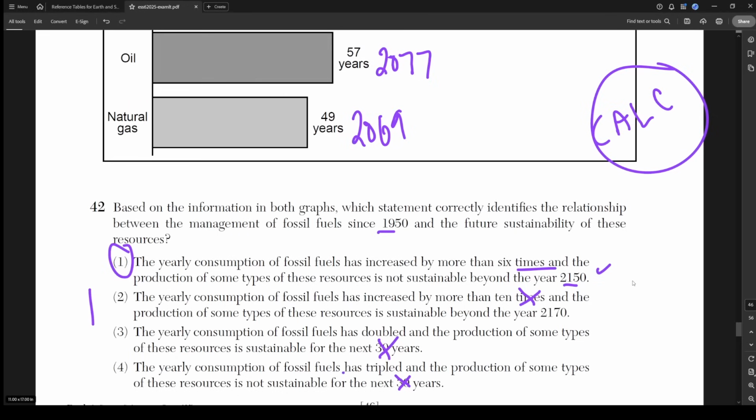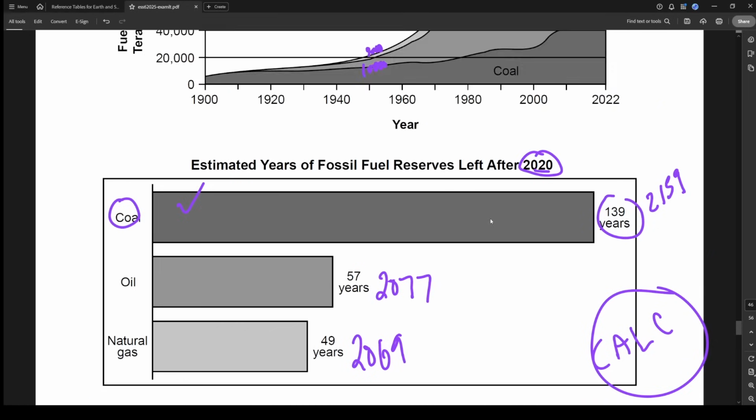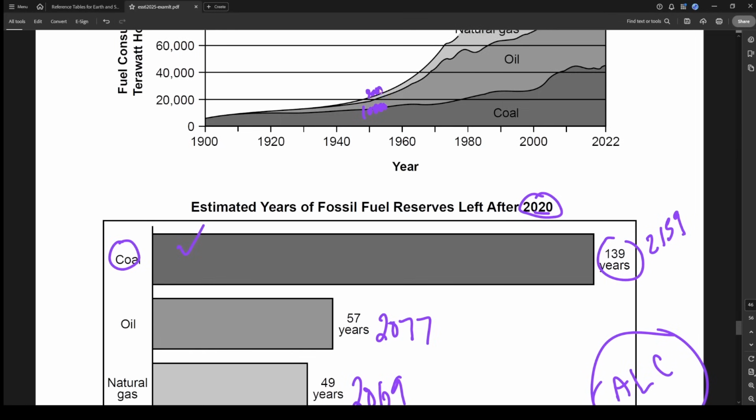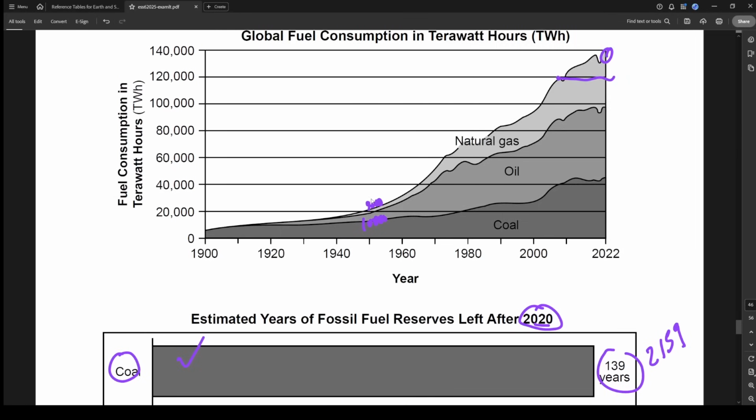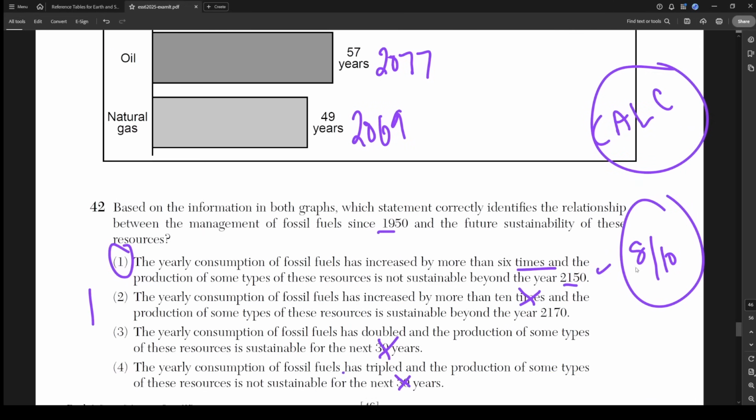This is hard. I'm just going to say this is a 7 out of 10 with test fatigue, so we're going to make it an 8 out of 10. I thought that was hard, because you have to literally do this math based on 2020, and that alone is very hard. That would be hard for a lot of students to do. And then you have to estimate this and figure out how many times higher it is here. Actually, I'm going to amend this. I'm going to say this is actually an 8 out of 10 normally, 9 out of 10 with test fatigue.